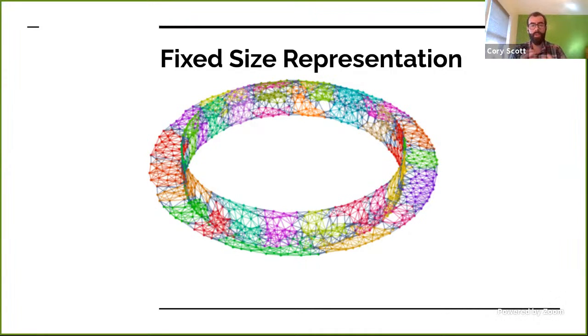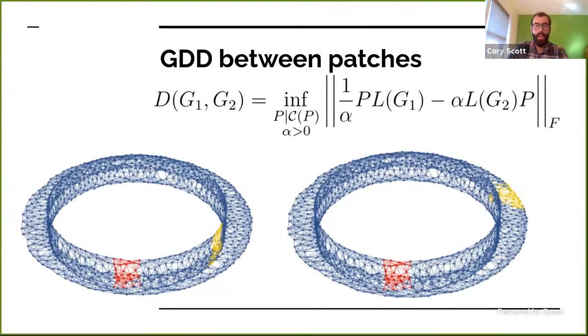What matters is that we're cutting the graph up into all these little local chunks. Then we calculate the graph diffusion distance between those patches, comparing them in terms of what diffusion looks like locally for each patch.